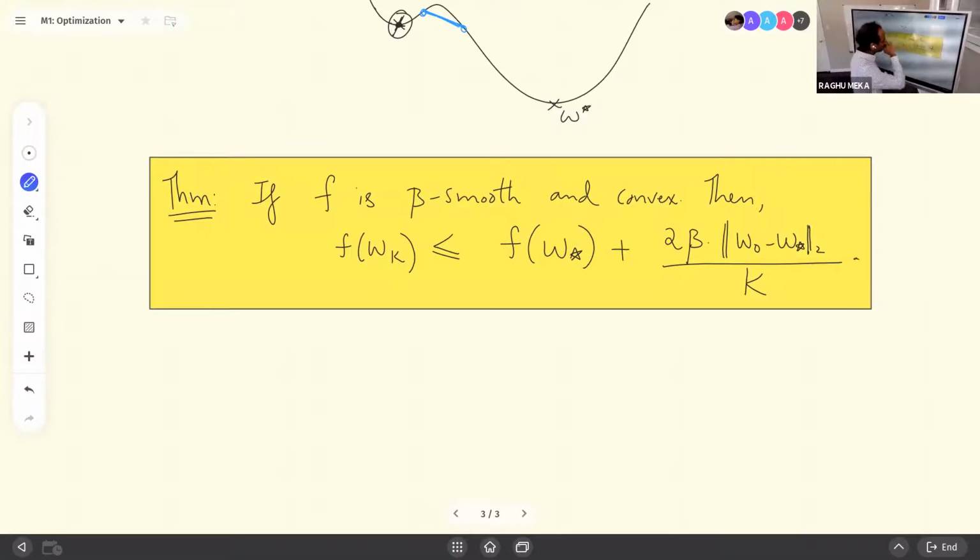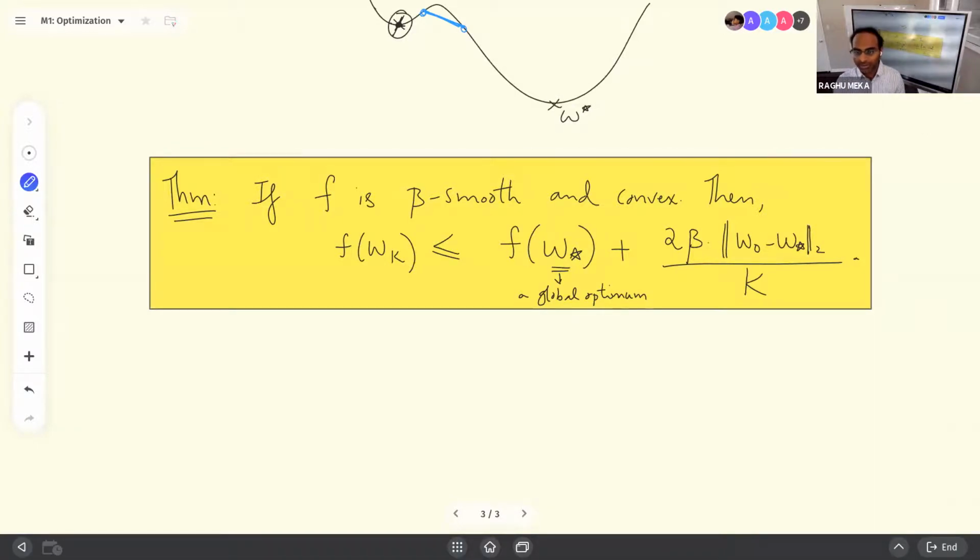Okay, so let's parse this first. It's saying, let's say W star is a global optimum. And recall, we want to minimize the function, right? So we want to find a value which is as close to the global optimum as possible.